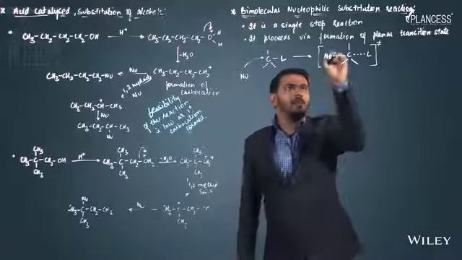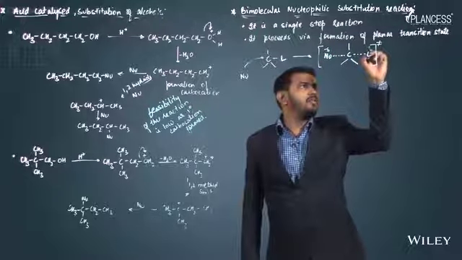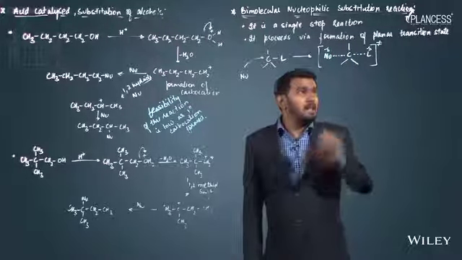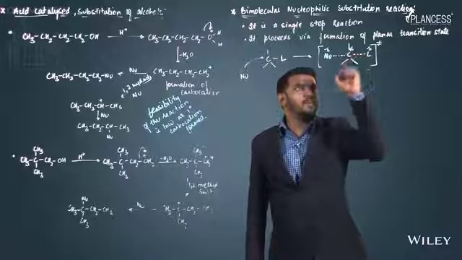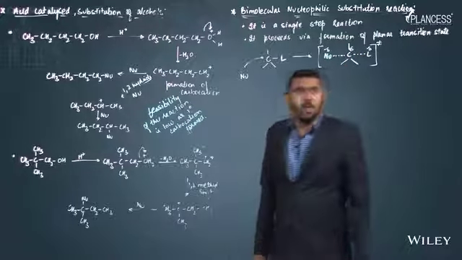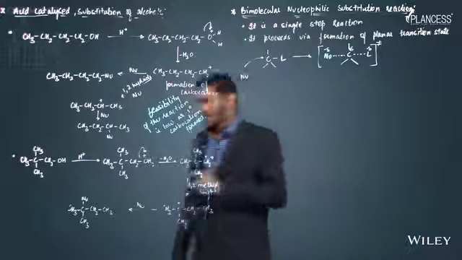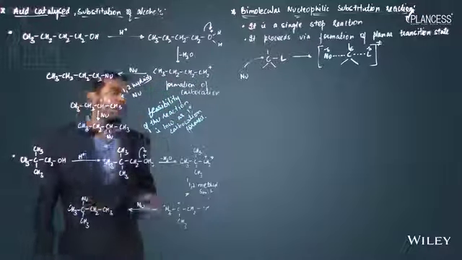Alright, there will be a delta negative charge on the nucleophile, a delta negative charge on the leaving group, as well as a delta positive charge on the carbon. This is nothing but, you can say, sp2 hybridized.